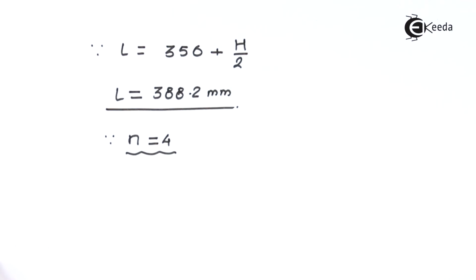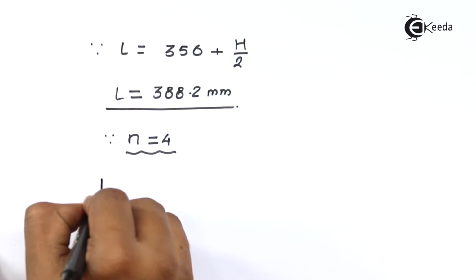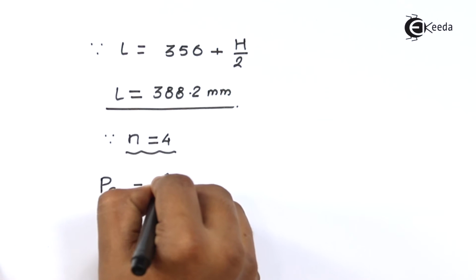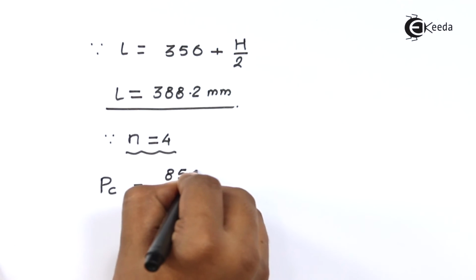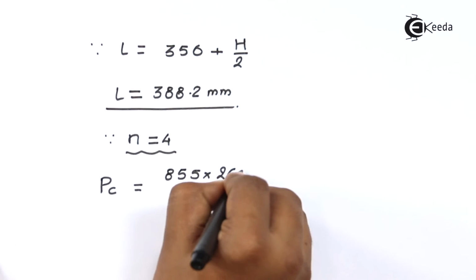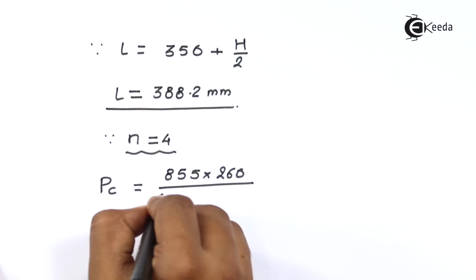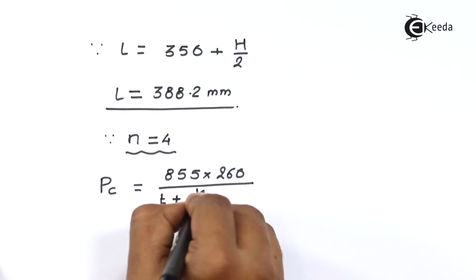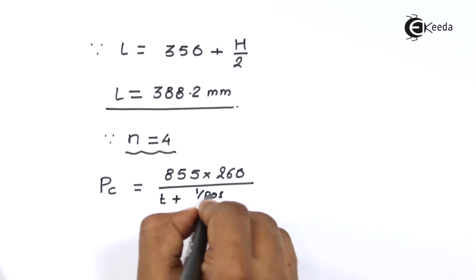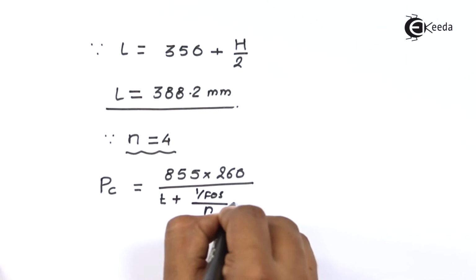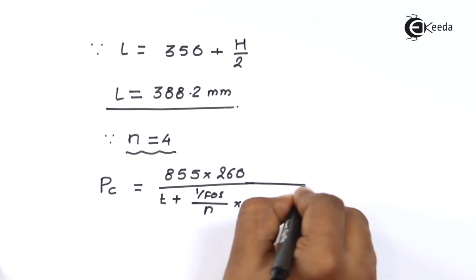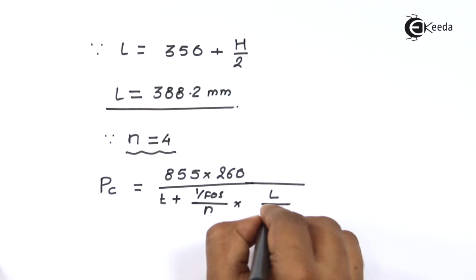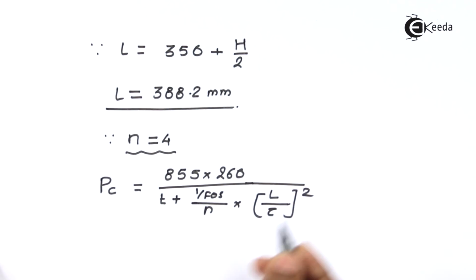And the formula for the crushing load or the bearing load or bearing pressure is given as, again you can refer to the PSG data book, and it says that it is somewhere around 855 times 260, which is its yield stress, divided by the thickness T plus FOS by 4, which is your N, into your length divided by tau square.